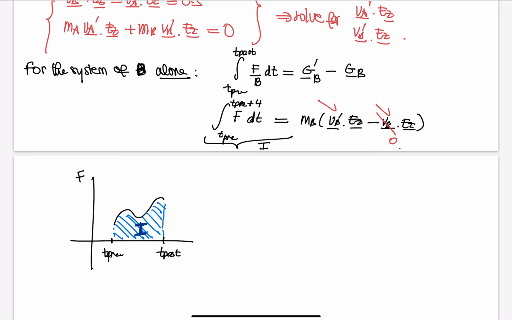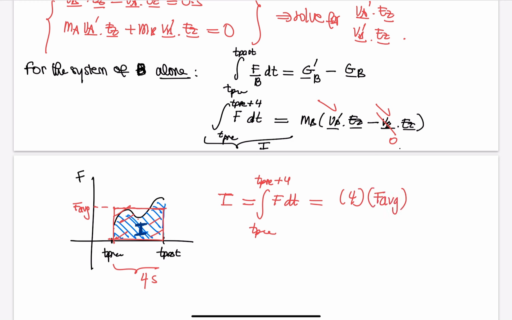Now what is the average force? The average force by definition is some value, some average value, such that the area of this rectangle on the same time interval is equal to I. So basically the I, which is the integral of F dt from t pre to t pre plus 4, is equal to the time interval, which is 4 seconds, t post minus t pre, times the average force.